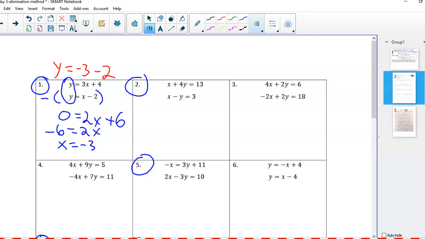Negative 5, which means our solution is negative 3, negative 5. Questions on that process?